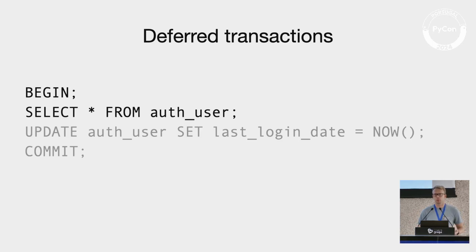It's going to query the database here. And now, when it's time to do the update, this is when it goes and acquires the lock. And if there's no other transaction or another write happening, it's going to be able to get the lock, commit the code, and everything's going to be fine.